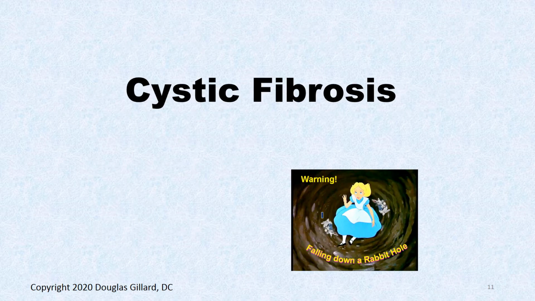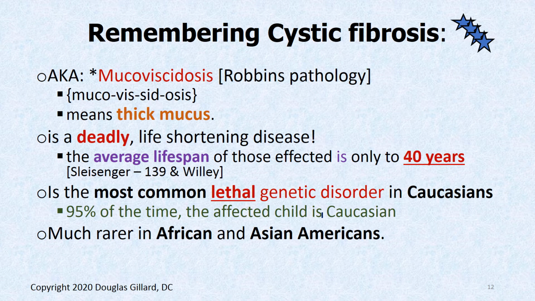In fact, let's fall down the cystic fibrosis rabbit hole again. Now, we've already talked about this. We talked about cystic fibrosis effect on the intestines and the pancreas, but we haven't talked about its effect on the lung. And so I'm not going to go super deep into the cause because we already talked about that. But remember, it was called mucoviscidosis as an AKA, which Robbins uses, so that could show up on boards, which means thick mucus.